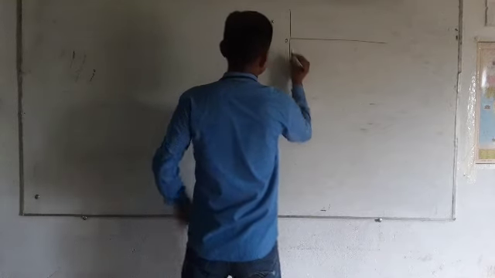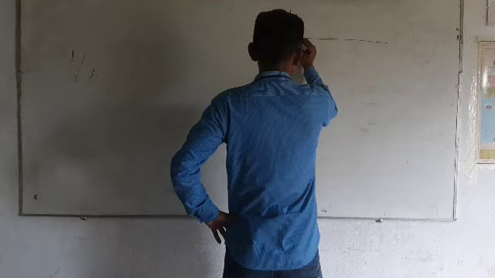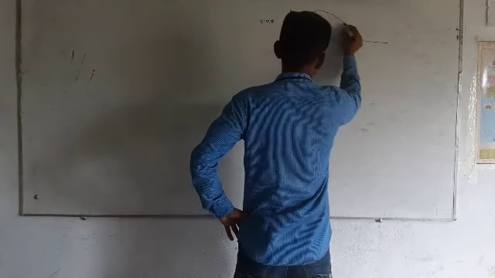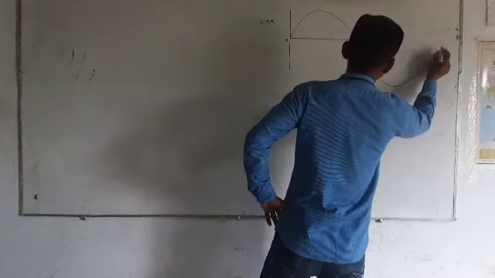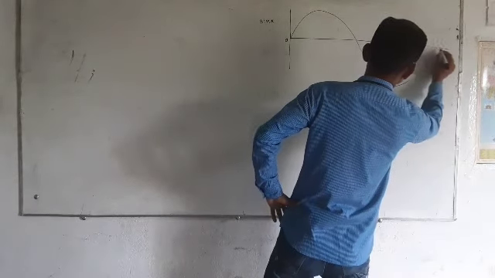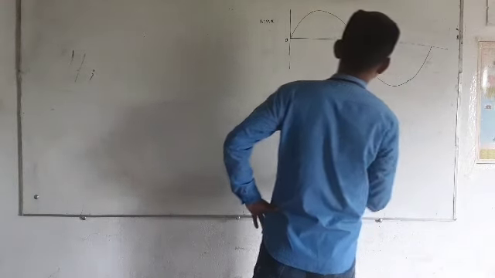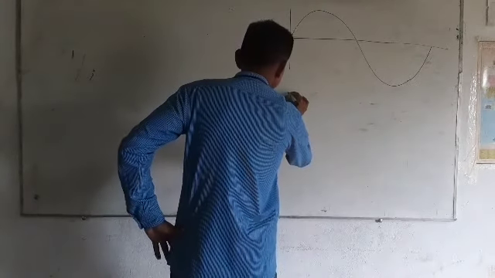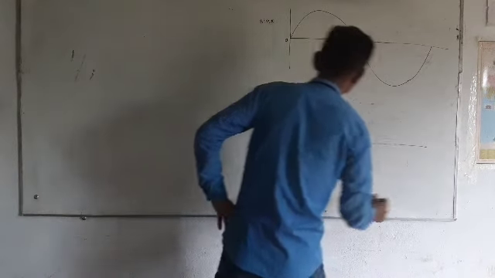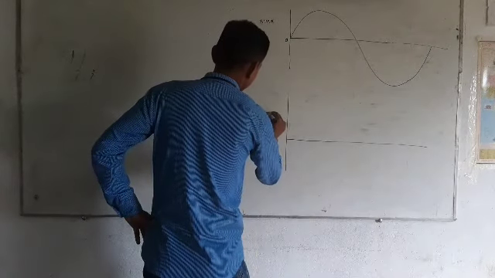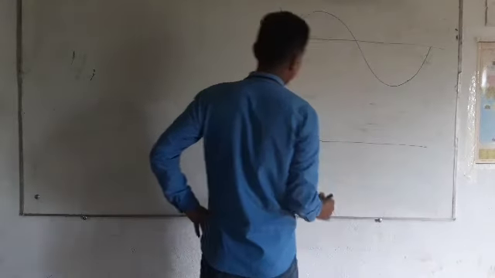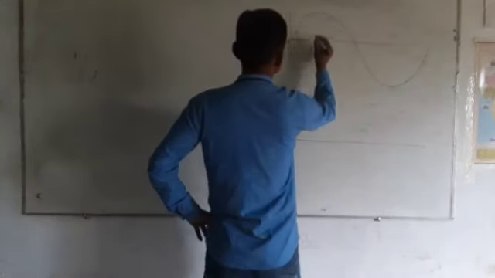Now, the graph of sine x is drawn like this. And its derivative is cos x. Let's fix the points first.